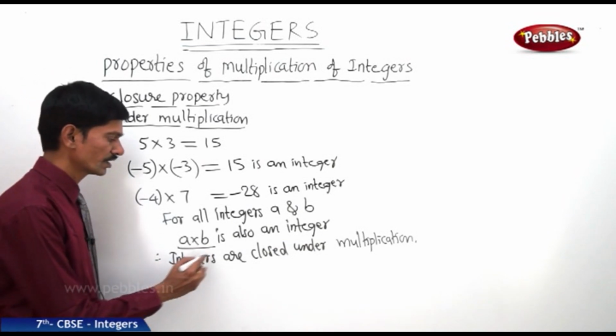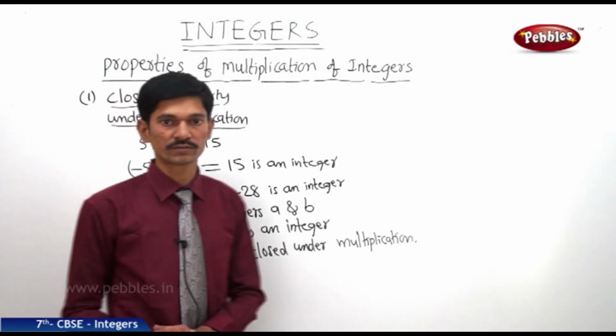Therefore integers are closed under multiplication. When you multiply any two integers, we get again an integer. So we can say that integers are closed under multiplication.